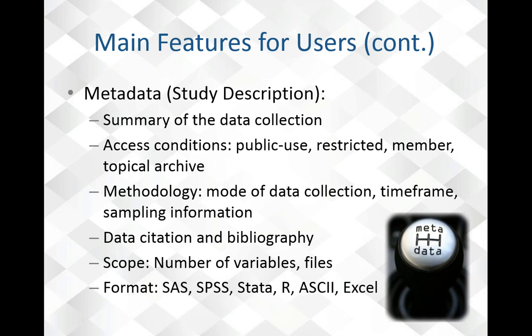The metadata also contains information about the methodology, which generally provides details like the mode of data collection, time frame, and sampling information. Furthermore, the metadata provides data citation and bibliography, the scope of the data, and the format of the data file.